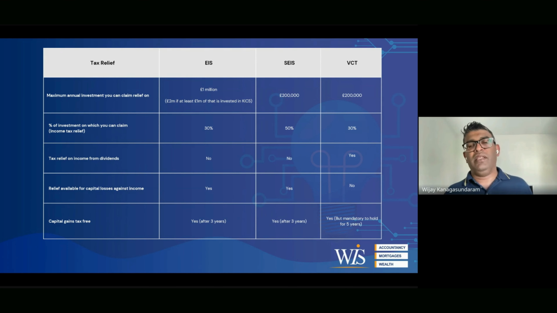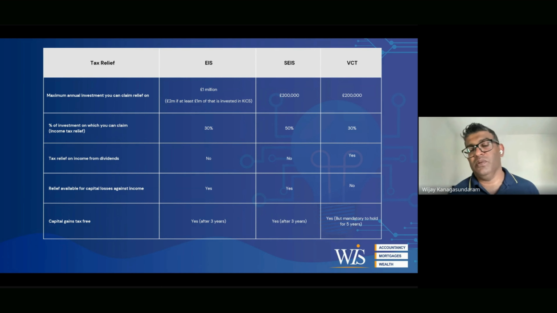The main difference is that any dividends you earn on a VCT do not pay any tax, so that's tax free. If you make any losses, unfortunately, you can't take relief on them, because when you combine multiple companies in a trust fund, the risk is quite low. So there's no relief for capital losses.